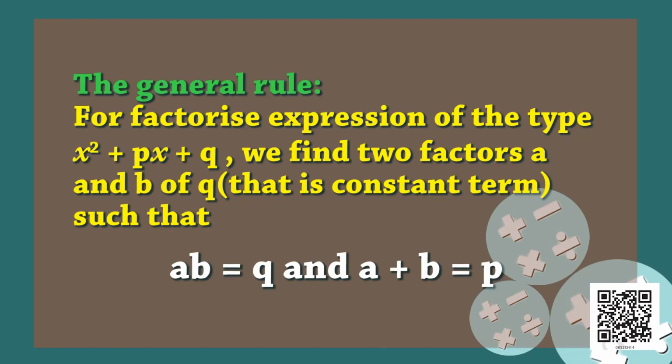To factorize an expression of the type x square plus px plus q, we find two factors a and b of q, the constant term, such that a into b is equal to q and a plus b is equal to p.